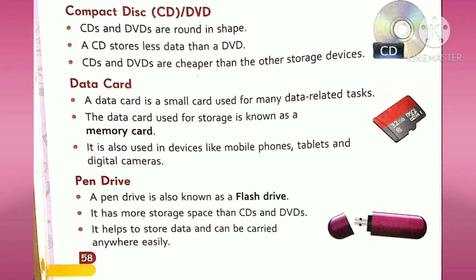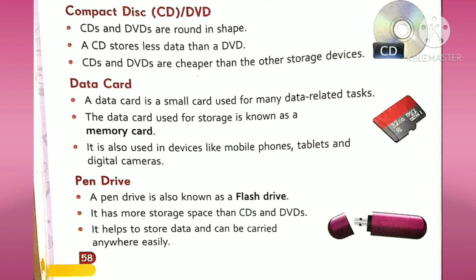So, what did we learn about CD? CDs and DVDs are round in shape. Round in shape means that we know that CD and DVD are round. A CD stores less data than the DVD.